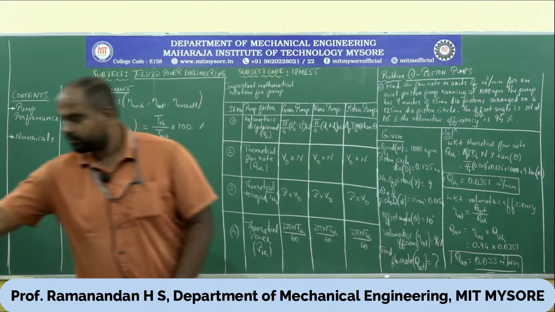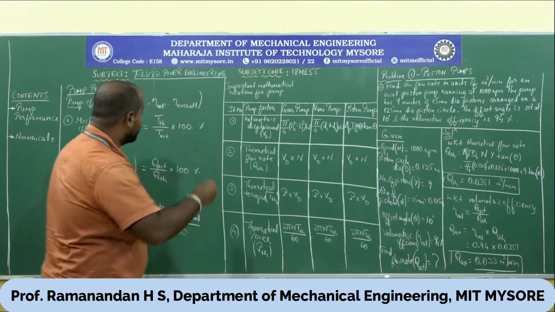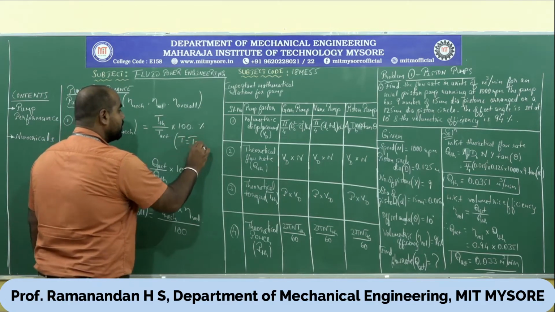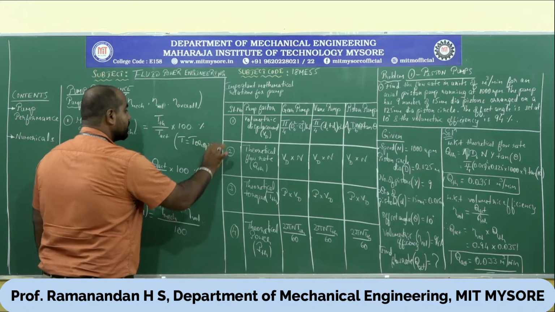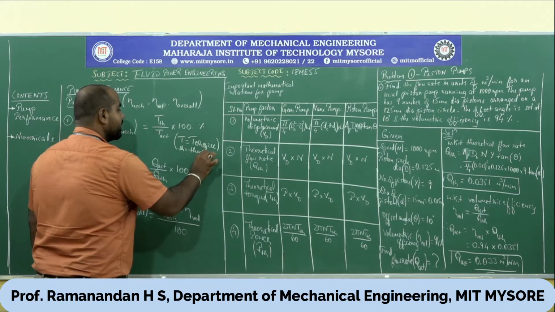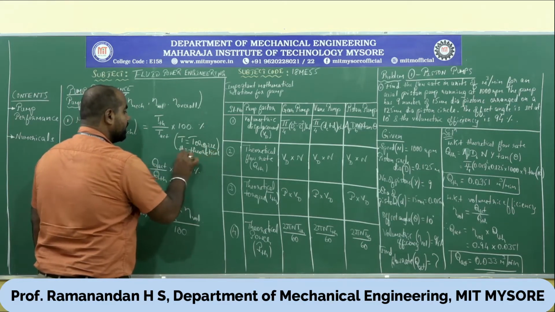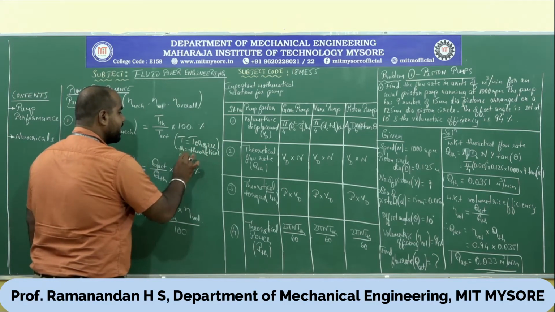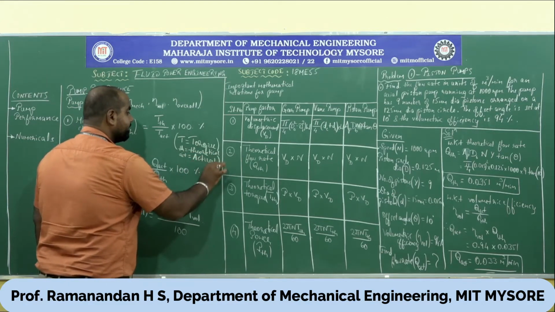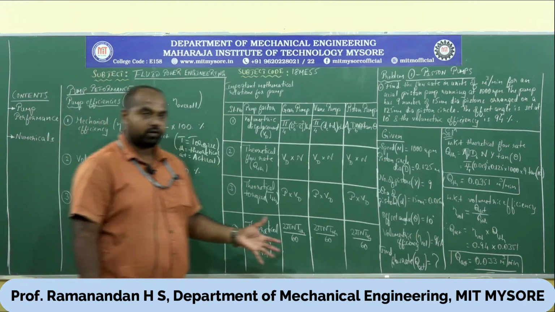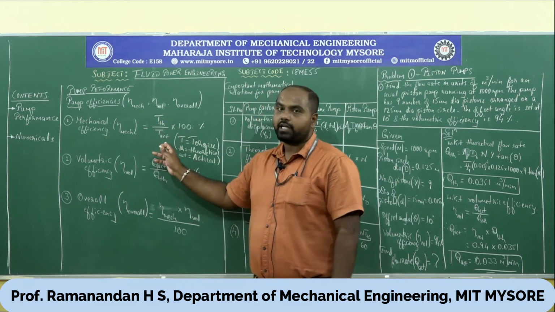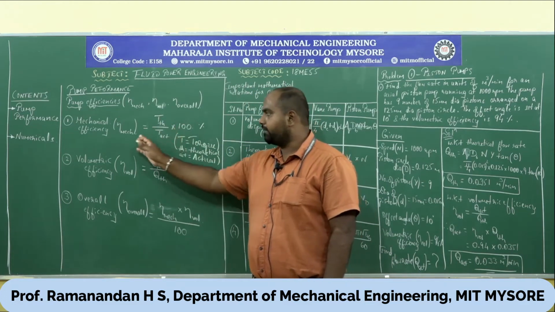Always remember TH means theoretical, and ACT is the short form used for actual. This holds good for upcoming explanations also. So theoretical torque by actual torque into 100 percent gives me the mechanical efficiency.